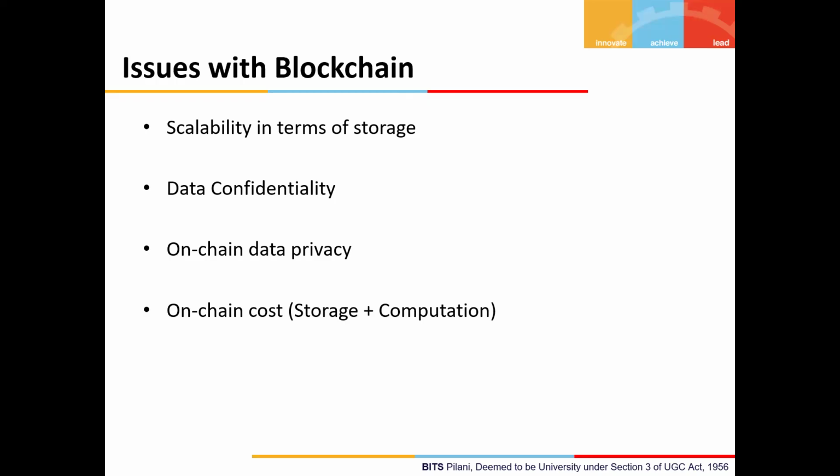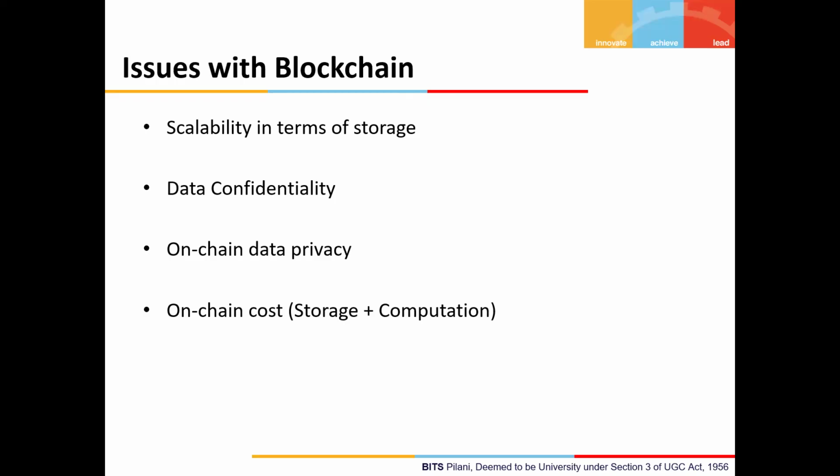And the fourth one is on-chain cost. So in blockchain, whatever we do, if we try to change the blockchain state, then we have to pay something. So it incurs some cost whenever we make a transaction in order to change the state of the blockchain.